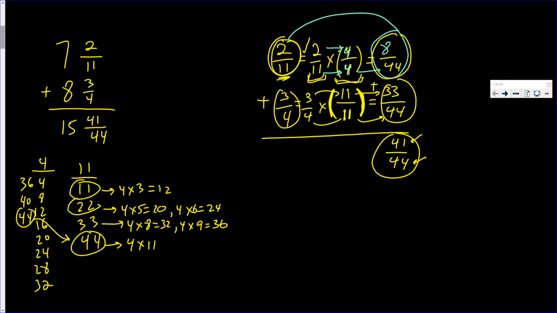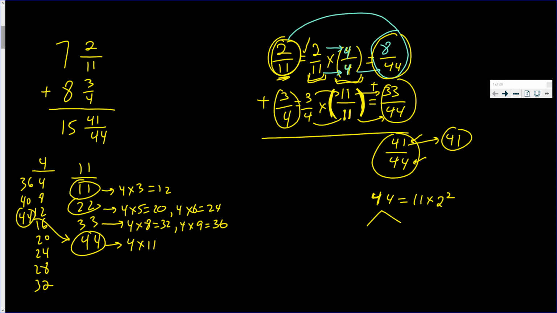Now the only numbers that go into 44 evenly, where the prime factors are, you can see it. It's 11 times 4, which is 2 squared. And 41, if I'm not mistaken, is prime.